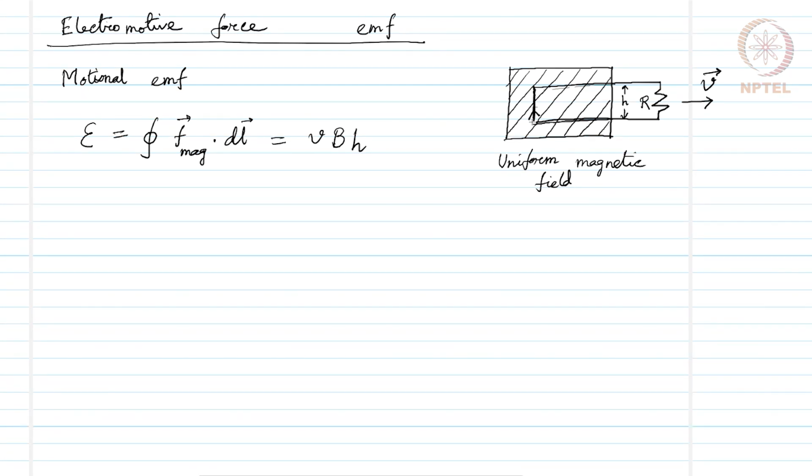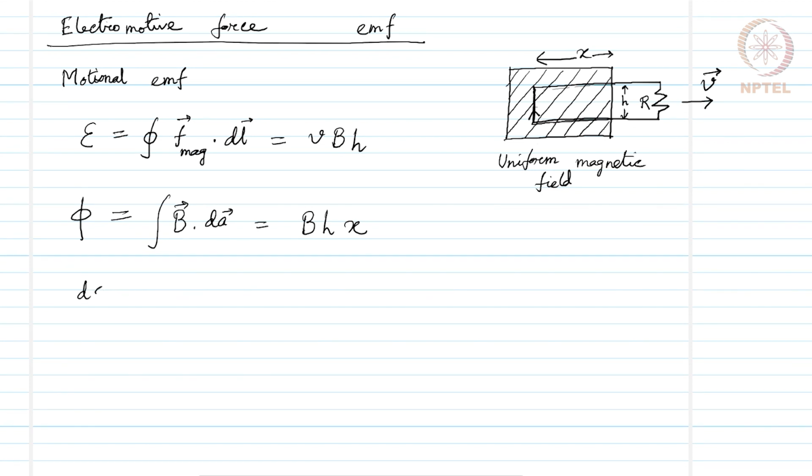And what is the flux through this loop? Magnetic flux can be given as integration over the magnetic field dot dA, which is B h times x, where x is this much distance. As the loop moves out, the flux decreases.